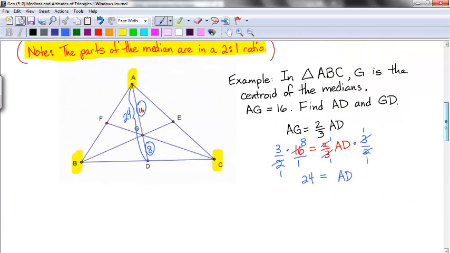Is that enough time? Yeah, what he's saying is you could take the larger one, and if they gave you the smaller one, you'd double it. If they gave you the larger segment, divide by 2, and then add these two together to find the whole thing. Yeah, there's more than one way to outfox that. Okay.